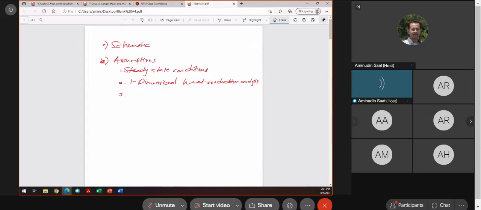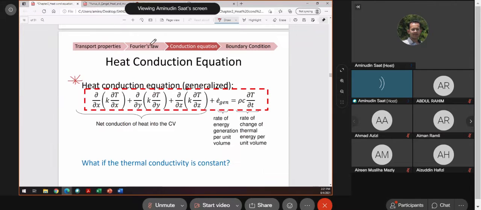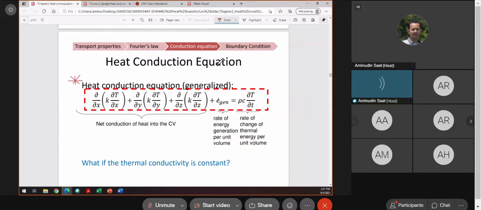The third assumption is that the thermal conductivity is constant. The K value is constant. And number 4, K value constant, I think supports the isotropic condition, because we assume that the layer has homogeneous material where the thermal conductivity has the same value regardless of direction, x, y, and z.